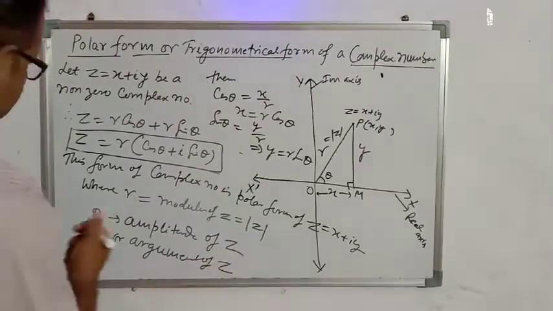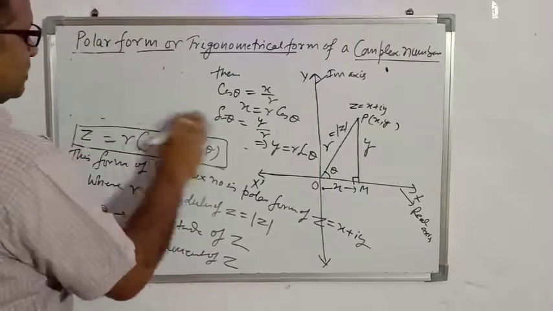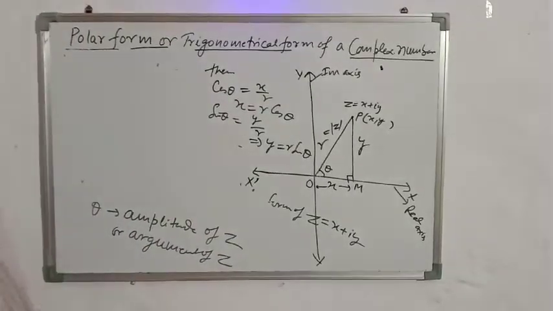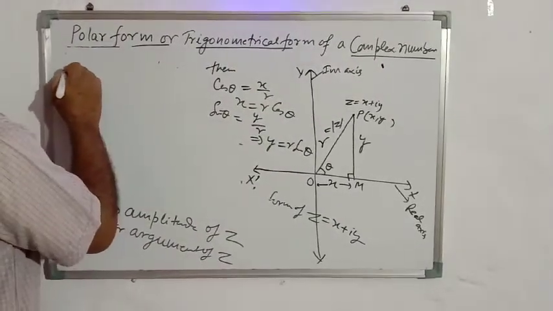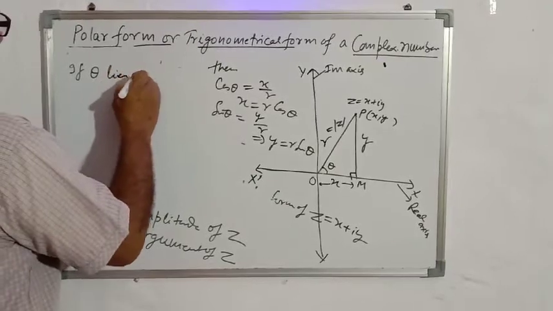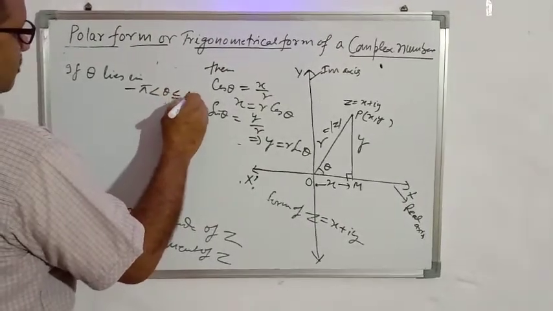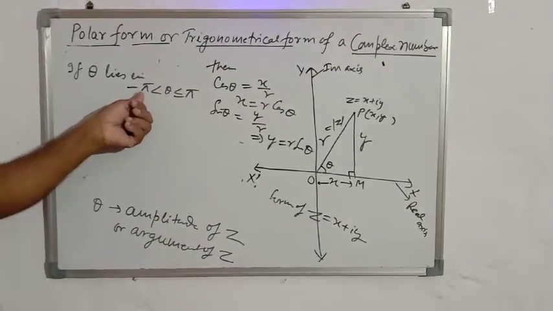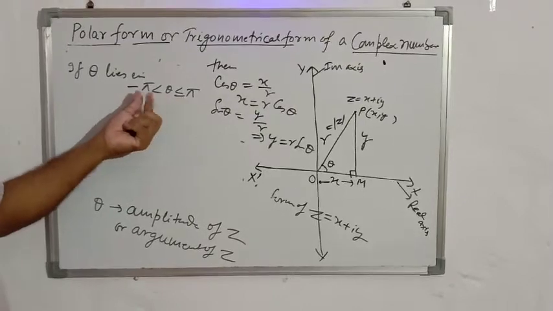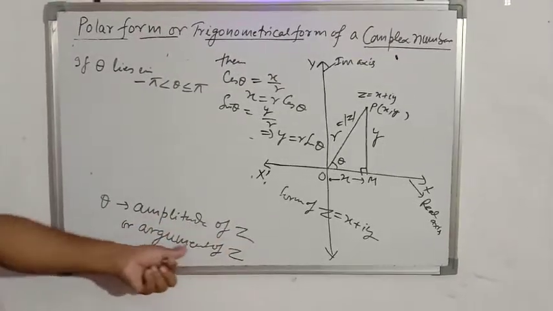So what will be the value of theta? If theta lies in the interval minus pi less than theta less than or equal to pi, where pi means 180 degree (pi is in radian), then it is called the principal amplitude of z or principal argument of z.